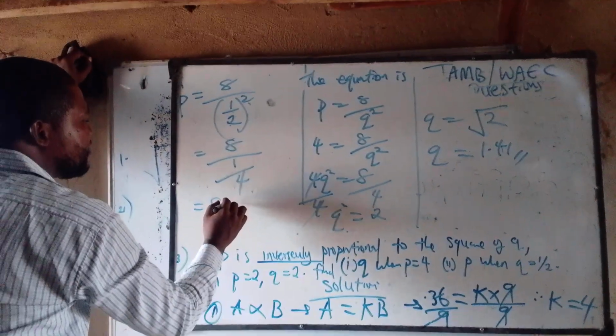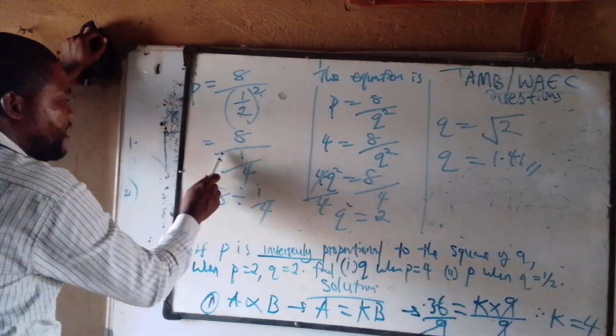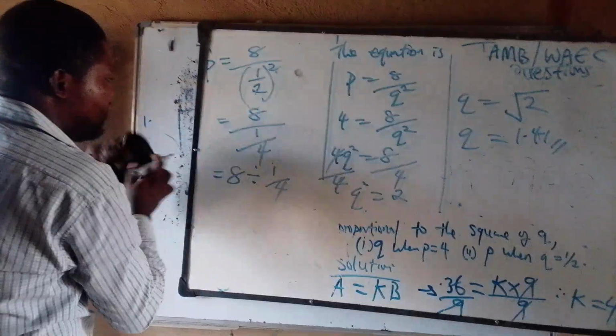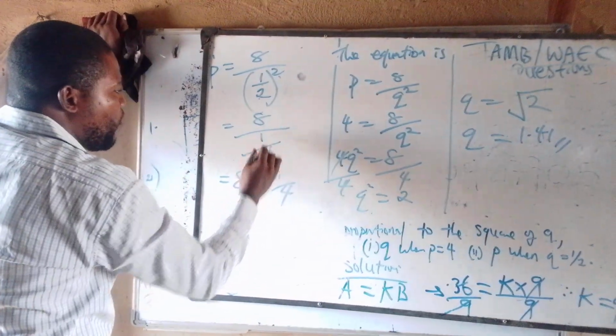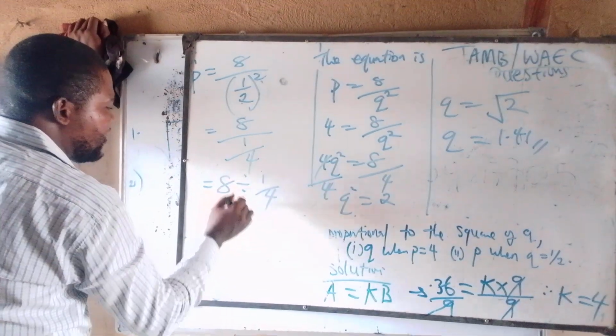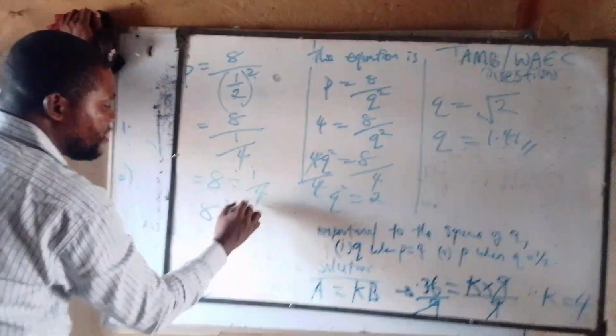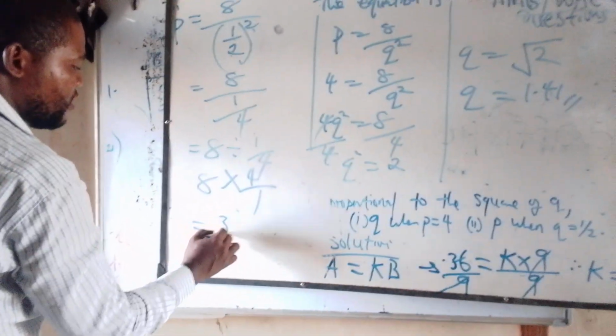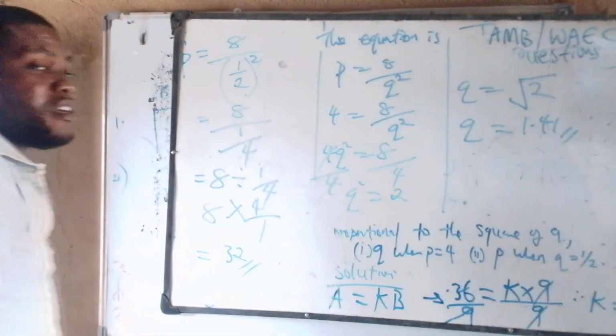If I solve this, I will then have 8 divided by 1 over 4. Here, 8 divided by 1 over 4. I change the division to times and invert it to 4 over 1. Therefore, 8 times 4 is equal to 32. Final answer.